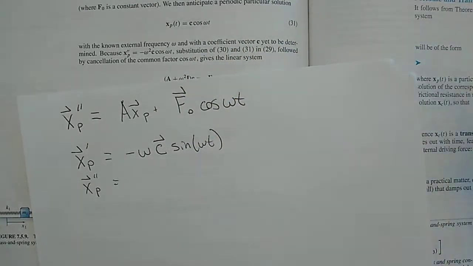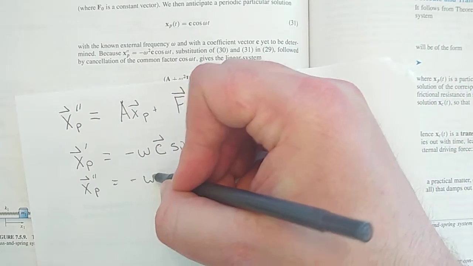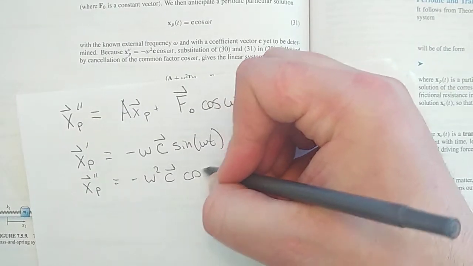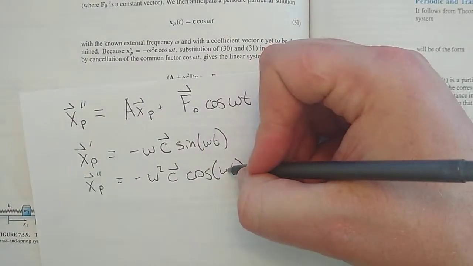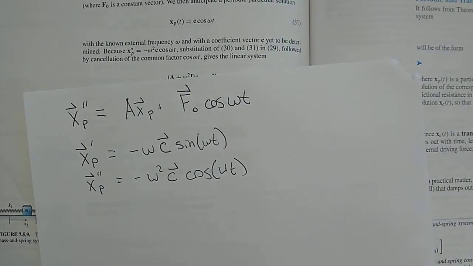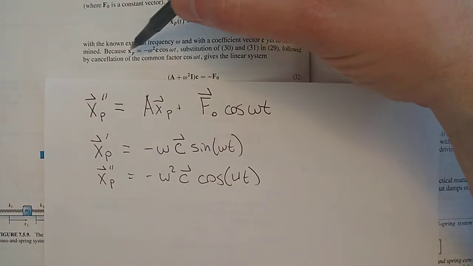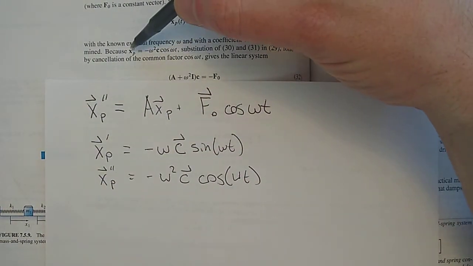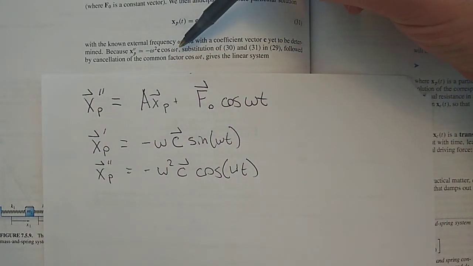I'm just doing the derivative of sine omega t, so there's going to be another omega. Derivative of sine is cosine. So that's what they're saying here, that xp double prime is negative omega squared c cosine omega t.